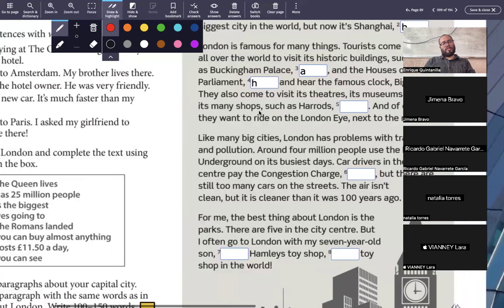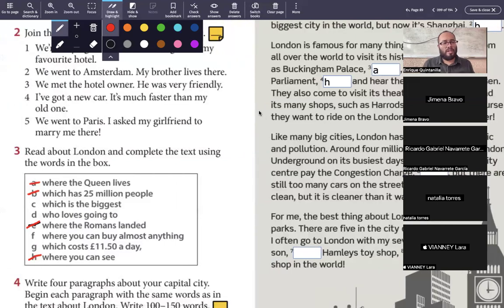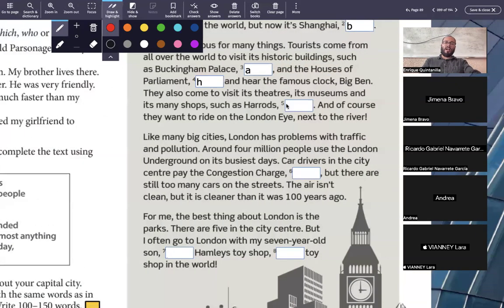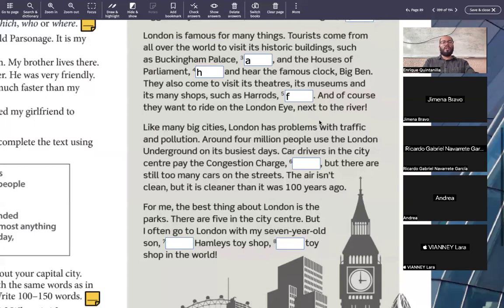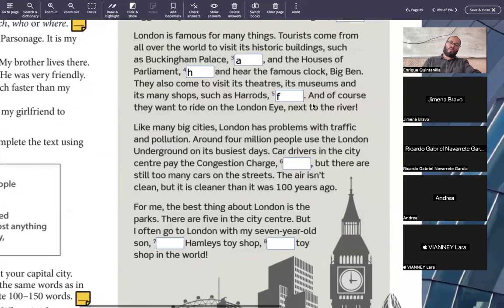It's a place, correct? So what relative pronoun we use for places? Where. Entonces nada más nos queda un where, F. Letter F, correct? Where you can buy anything because it's a clothes shop. You can buy anything, not only clothes. It's a very large shopping center.